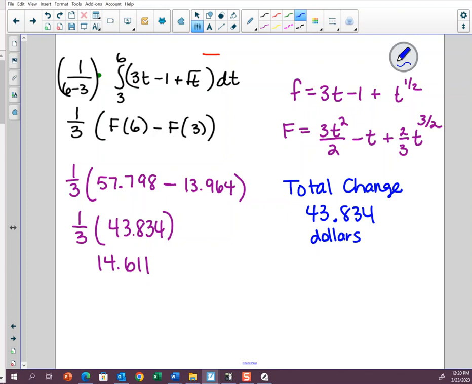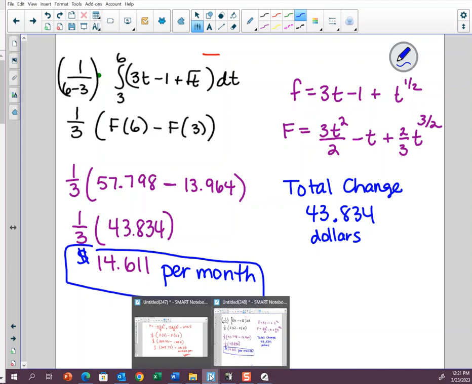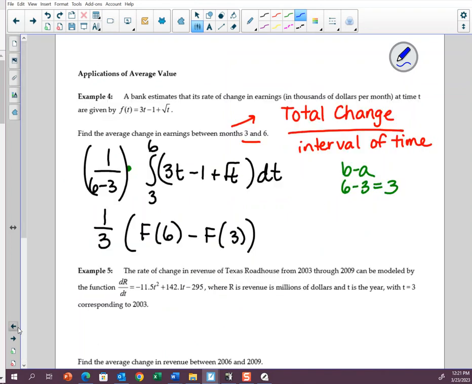And then when I divide it by 3 or multiply it by 1/3, it means that if we broke that total down over 3 months, we would be looking at about 14.611 dollars per month. Make sure I'm not missing any millions or thousands. Oh, thousands. Okay, yeah, that sounds a little better.